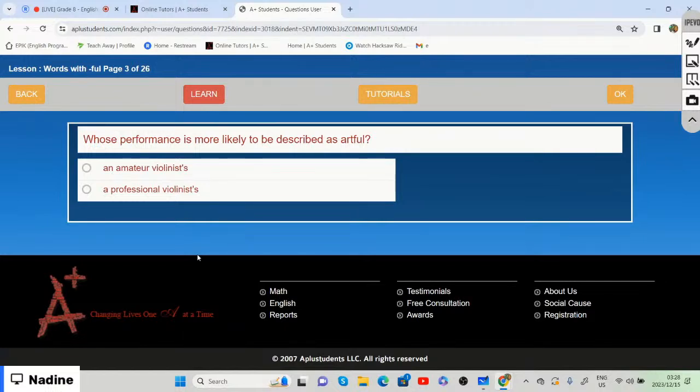Something that is artful. So a professional violinist is more described as artful.